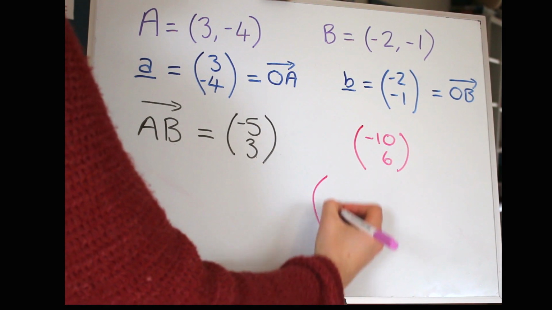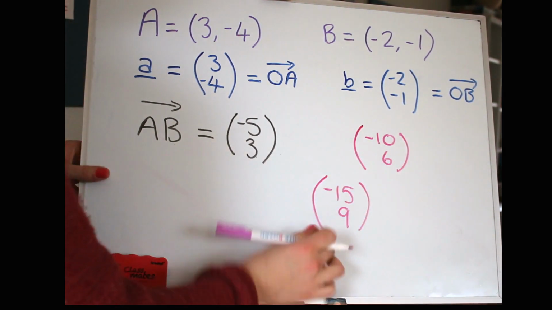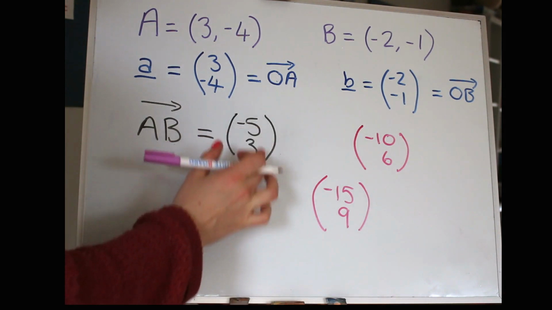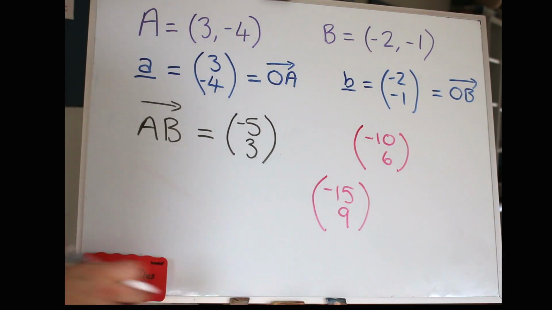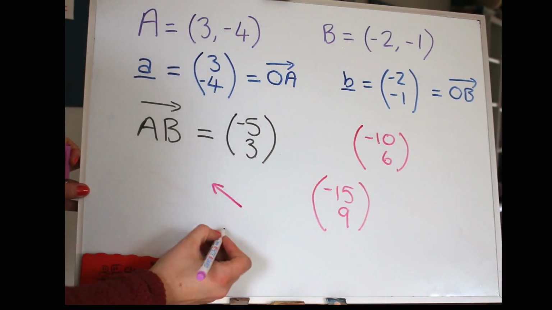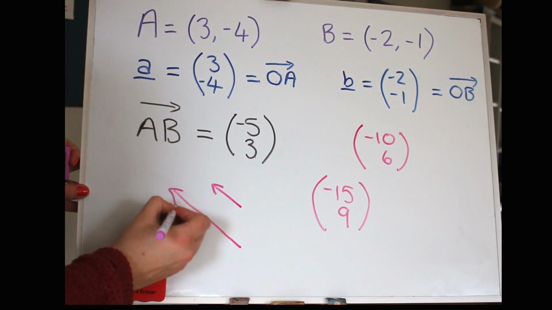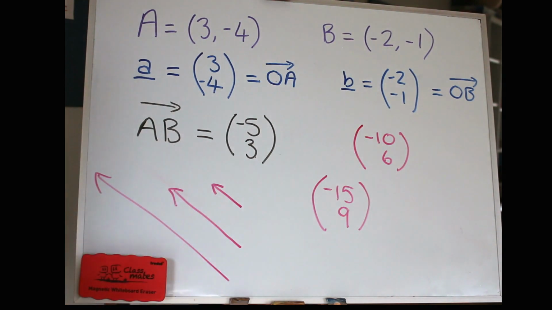Or if we triple them, so we get minus 15 and 9, then these are all parallel, and so on. So as long as they're in the same proportion, so you're multiplying it by the same thing, then they're parallel. So that one there, A to B, would be a little arrow. This one's double the length, but it's still parallel, and this one's triple the length, but it's still parallel.